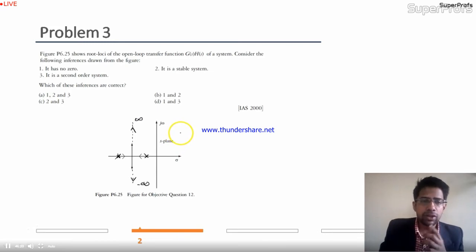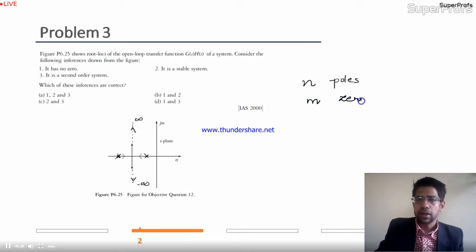Now we know that if there are n number of poles and there are m number of zeros, then n minus m number of root loci travel towards infinity.